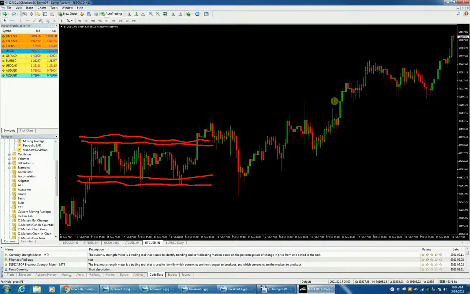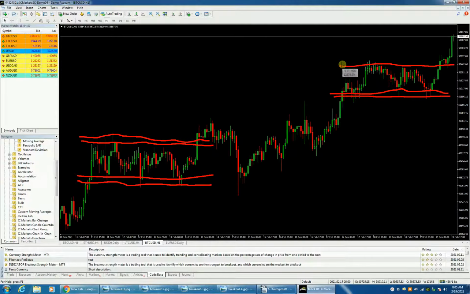Now let's see if we find another one that succeeded. Well, this is happening right now. Look at right here. We definitely have a support and resistance line over here, and this is a 1 hour chart. Price is bouncing around support and resistance, and the price broke out. Now, how does it break out?